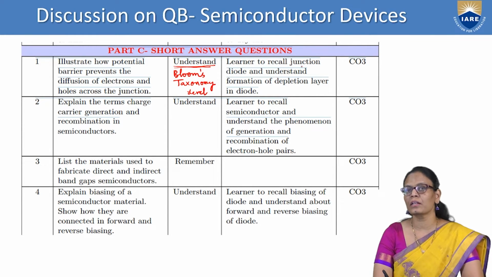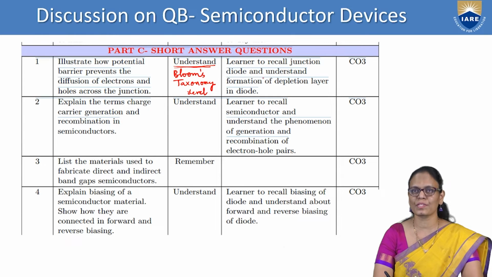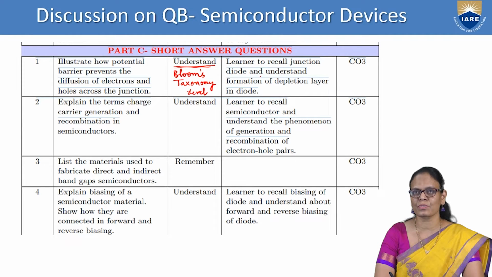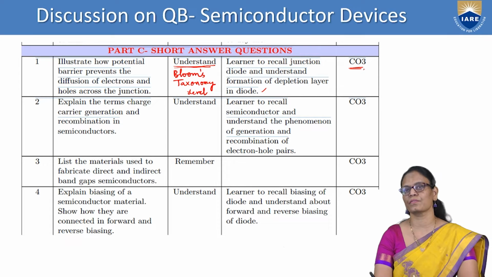And here is the prerequisite this question requires. What the learner has to do is recall the junction diode and understand the formation of the depletion layer in the diode. So this is the prerequisite. And this talks about the course objective.